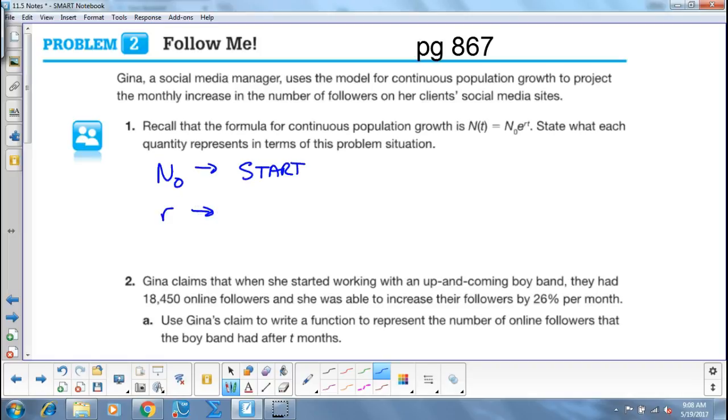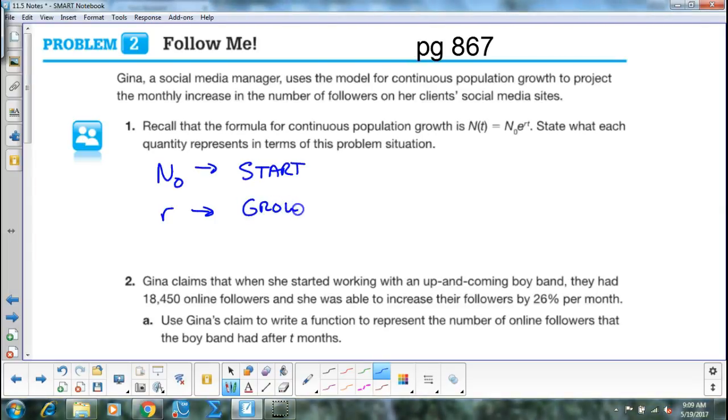Rate of decay or growth. T, time. And E, it's just E. E is E.